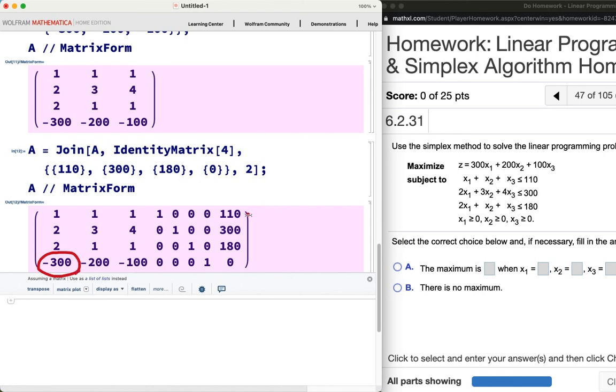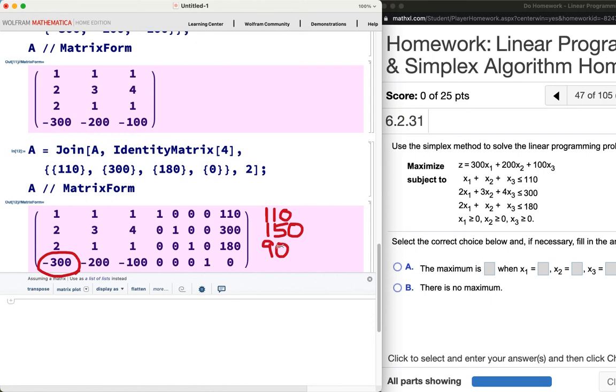Let's see. 110 divided by 1 is 110. 300 divided by 2. What's 300 divided by 2? That's going to give us 150. And then what's 180 divided by 2? That's going to be 90.